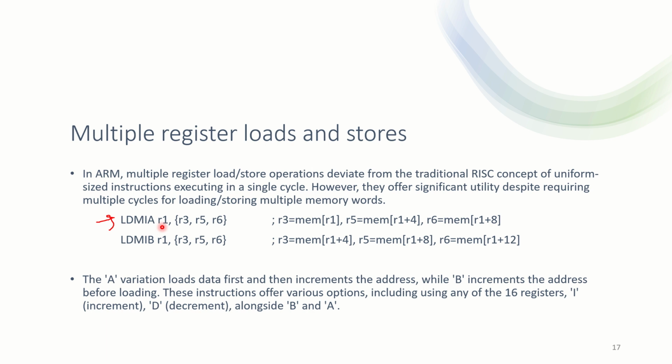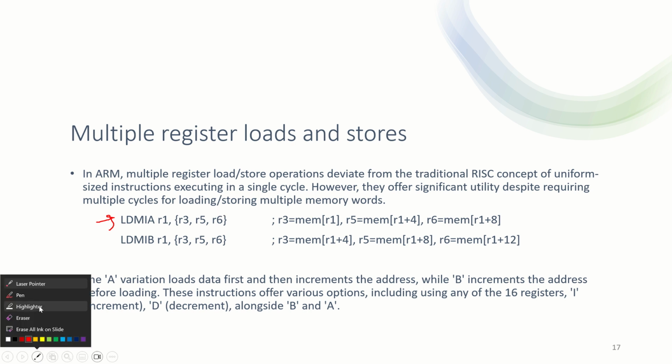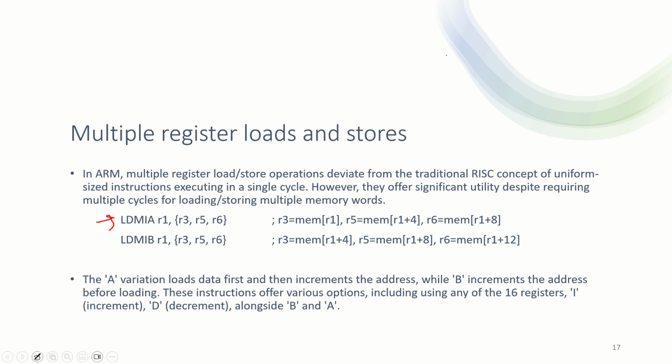So you go to that address, and the content at that address is loaded into R3. Then you go to the next location, and that value is stored into R5. You go to the consecutive next location, and that is stored in R6. Let us see it.